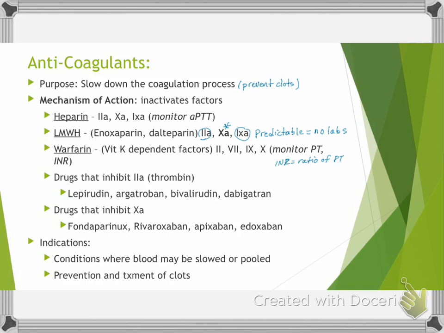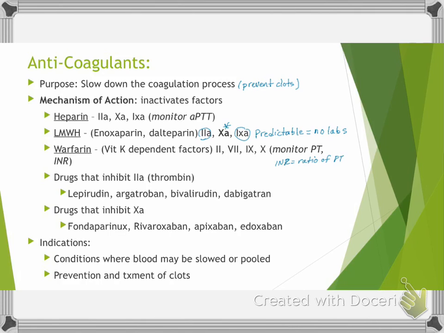So say a normal PT is like, say, 13 seconds, okay? And if a patient had a normal PT, their INR would be 1, because it's 1 times the normal ratio, the normal time.